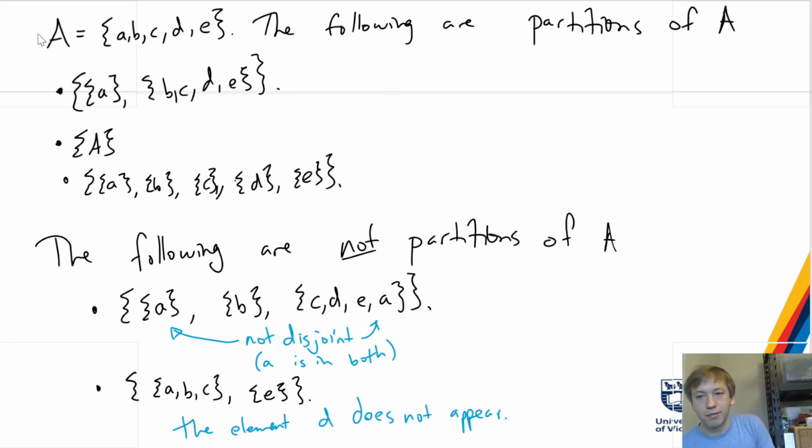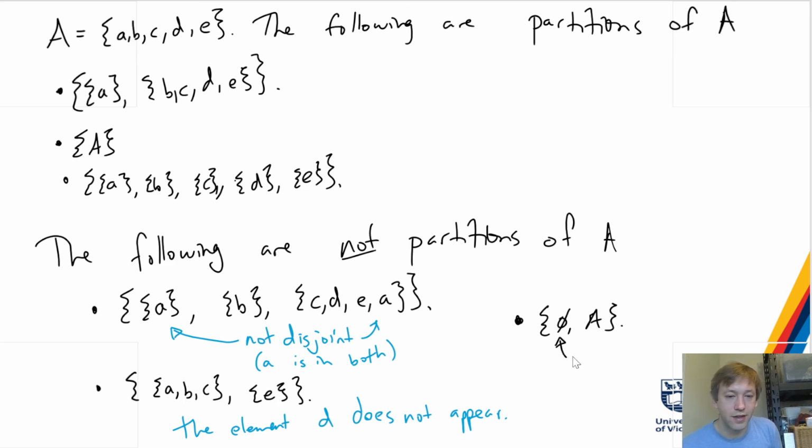A third example is if I take the collection, let's say, containing the empty set and A, and the reason this is not a partition is because it contains the empty set. So a partition cannot contain the empty set.